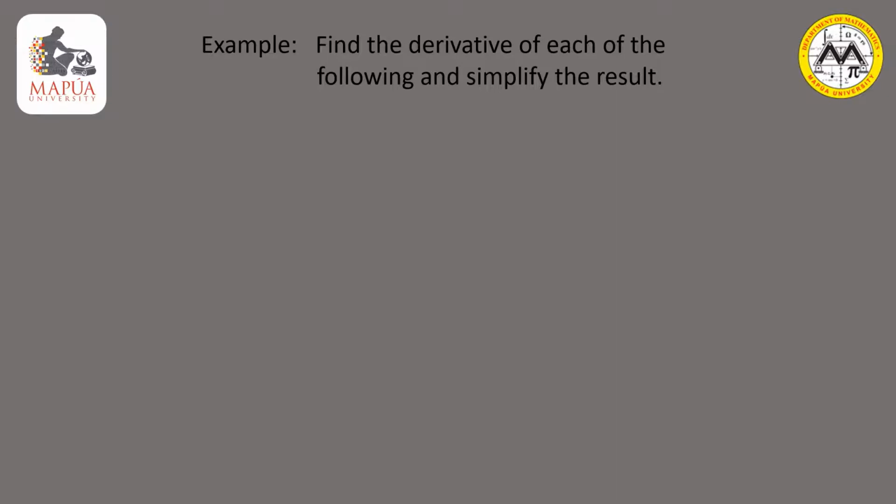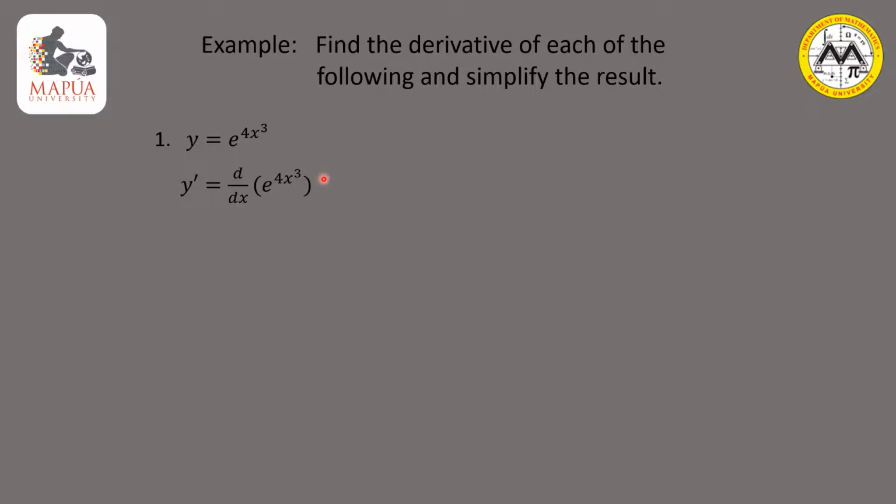To illustrate how to make use of these differentiation rules, let us work on some examples. For number 1, we have function y defined equal to e to the 4x cubed. Y prime then would be the derivative with respect to x of e to the 4x cubed.